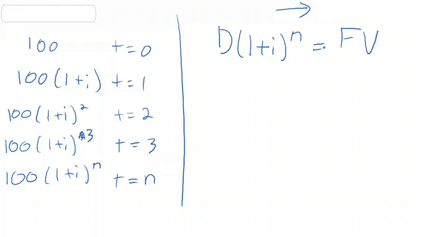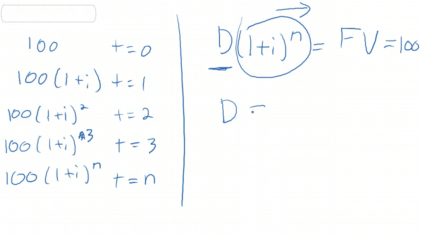If you want to figure out how much of a deposit you have to make today, in order to have a certain future value later on, such as $100, you can just use this equation to solve for it. You just divide both sides by this term, and you get the deposit that you have to make equals the future value over (1 plus I) to the n.